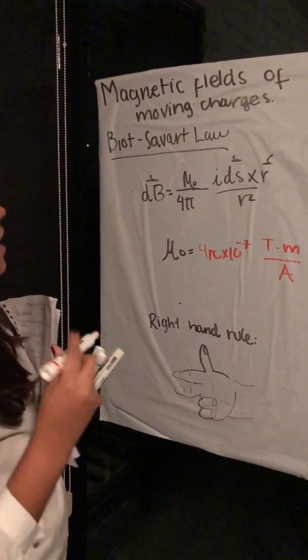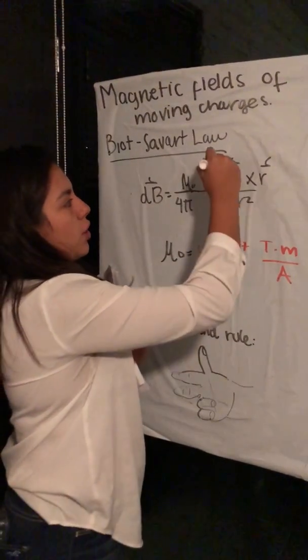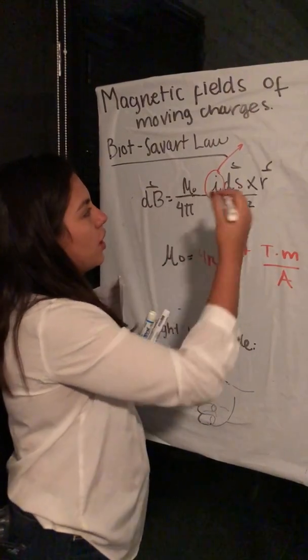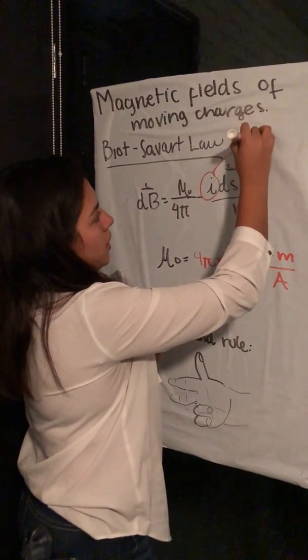And we can see that from this equation we have the current that is creating the magnetic field.